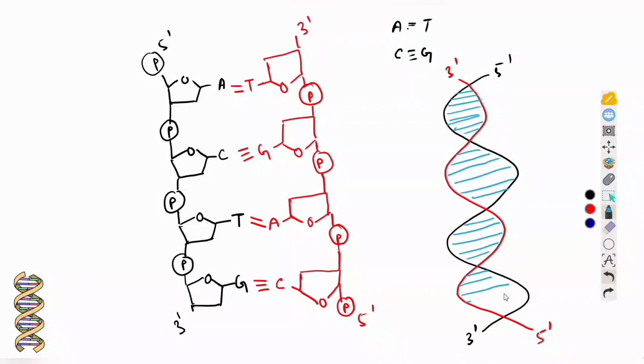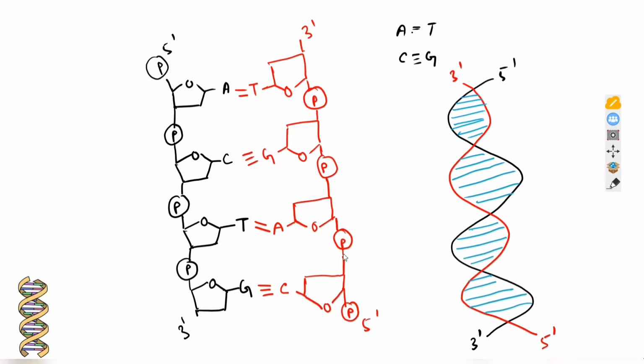I want to mention one thing, that a change in temperature or pH can break this bond, the bond between these nitrogenous bases. But this phosphodiester bond remains unaffected by temperature and pH.